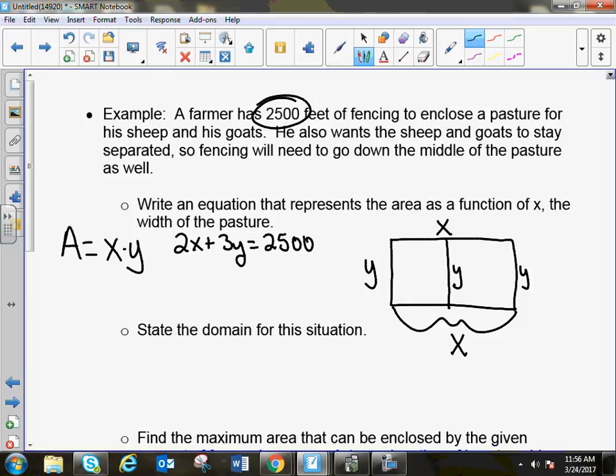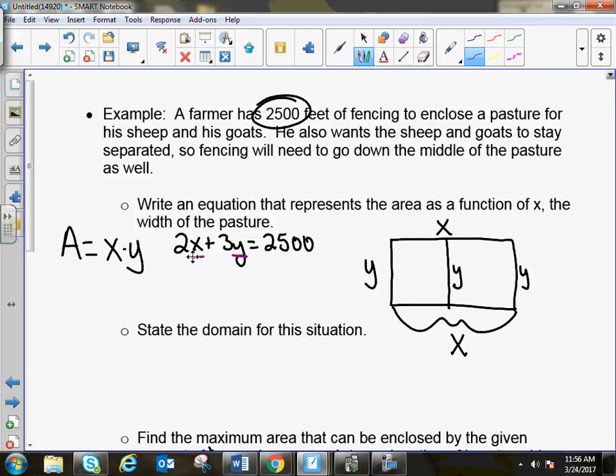The easiest way for me to explain what you do next to get down to one equation is to plug the equation that only has two variables into the equation that has three. Notice this equation has two variables, whereas our area equation has three unknowns.